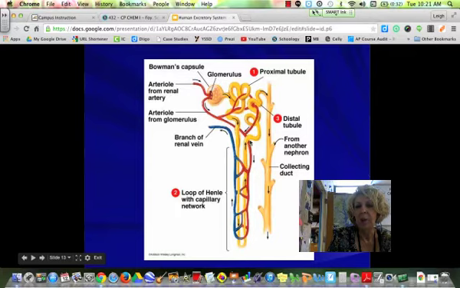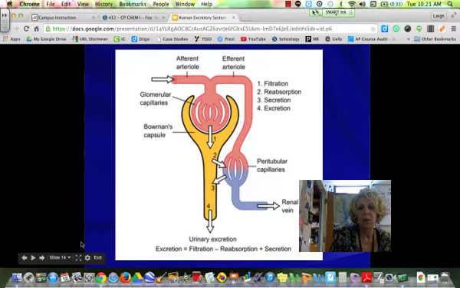And so then we go into the distal convoluted tubule. By this time, it's kind of like the last chance. Is there anything in the tubule that the body wants to make sure it saves in the blood? And is there anything in the blood that was maybe too big to be filtered out that's going to get into the urine? So let's talk a little bit more about that in general.